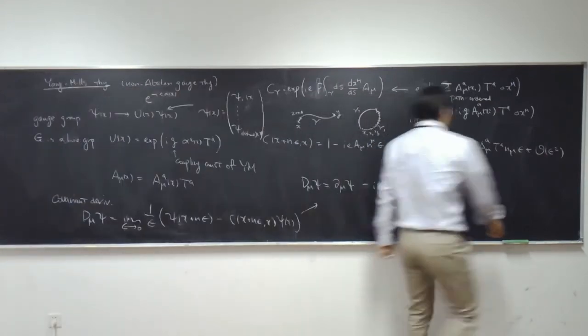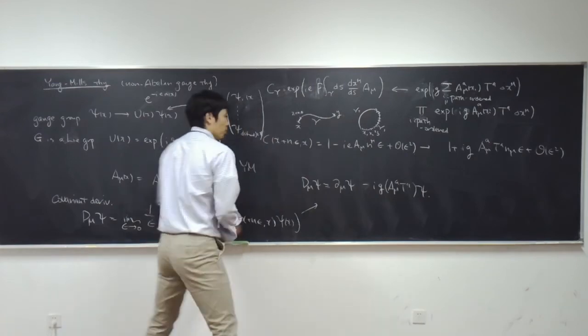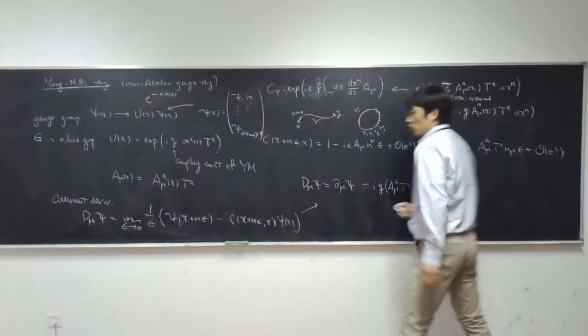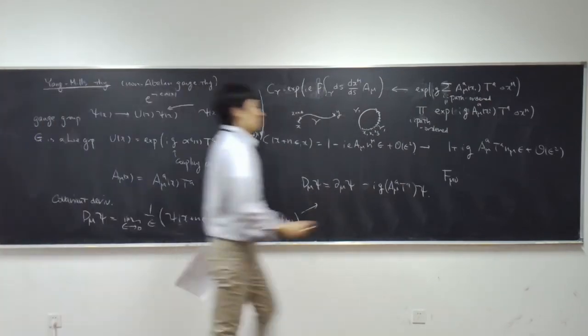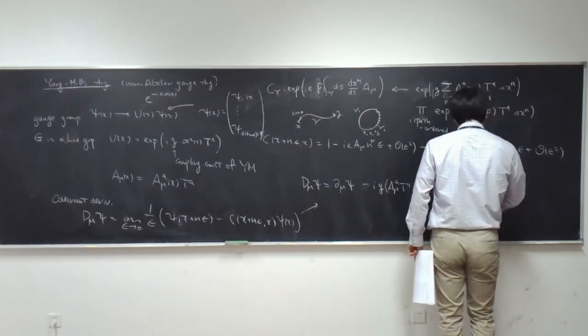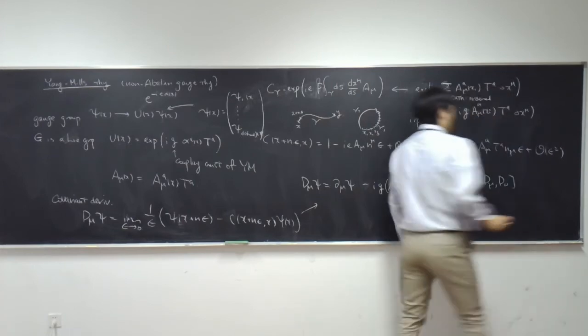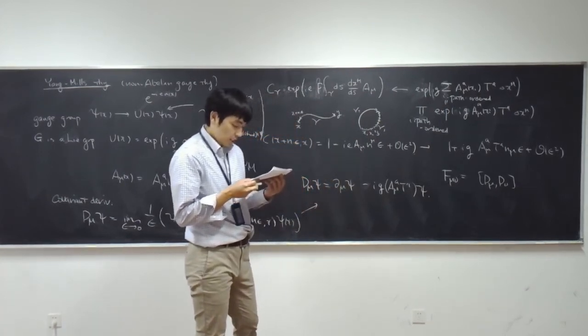And then again, the field strength F mu nu: we just take the commutator of the covariant derivative to get the field strength.